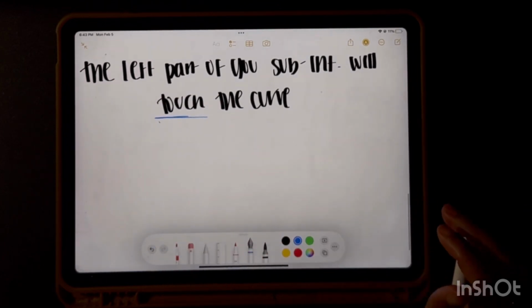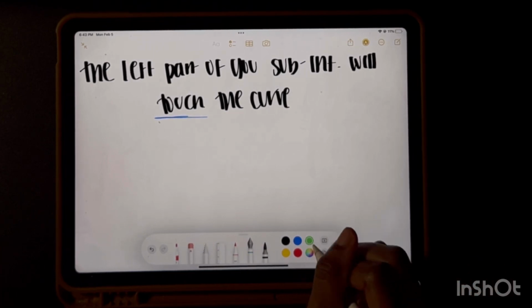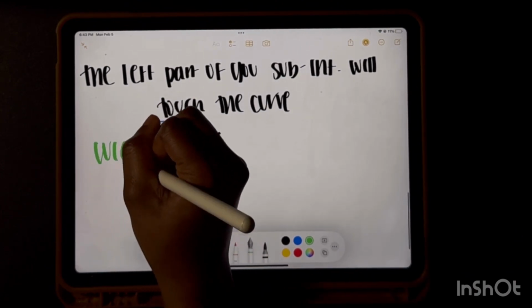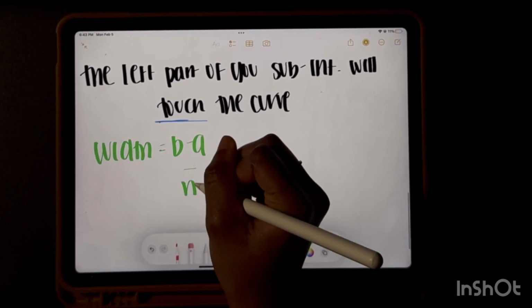Very important that it will touch the curve. And to find this, you would do the same thing that you did with the right method, and you would find your width. Remember that width equals b minus a divided by n.